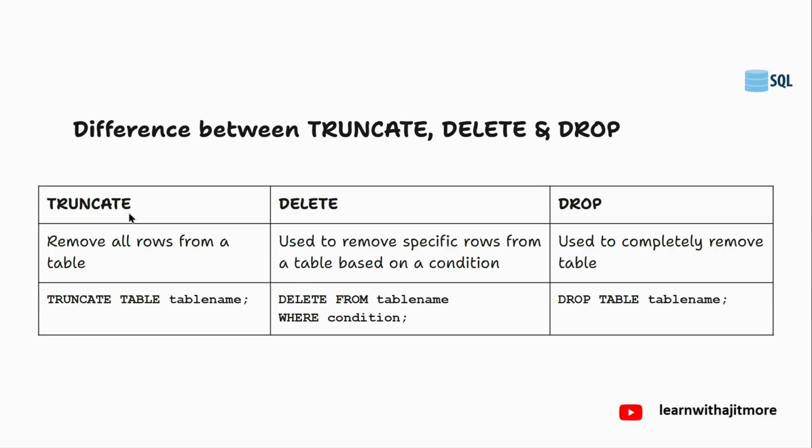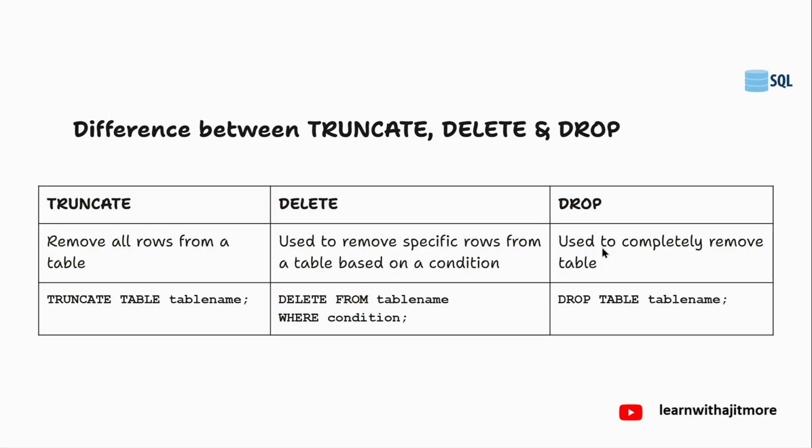Conditions you cannot give in the truncate command, and therefore it is a faster way of deleting. With delete you can delete specific records by giving a condition. Drop will delete the records, and the table structure also will go from the dictionary.